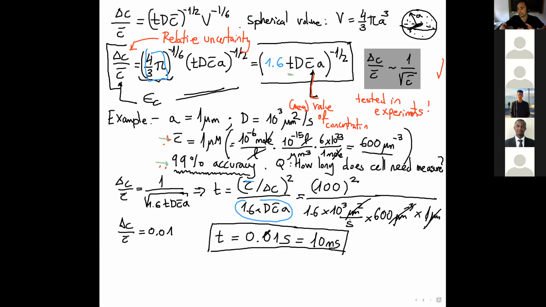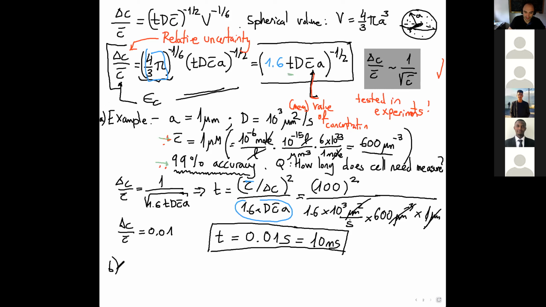So you see, this has some practical application, because if you have a device that is measuring, counting molecules, the theory will be the same. Okay, this is fine.